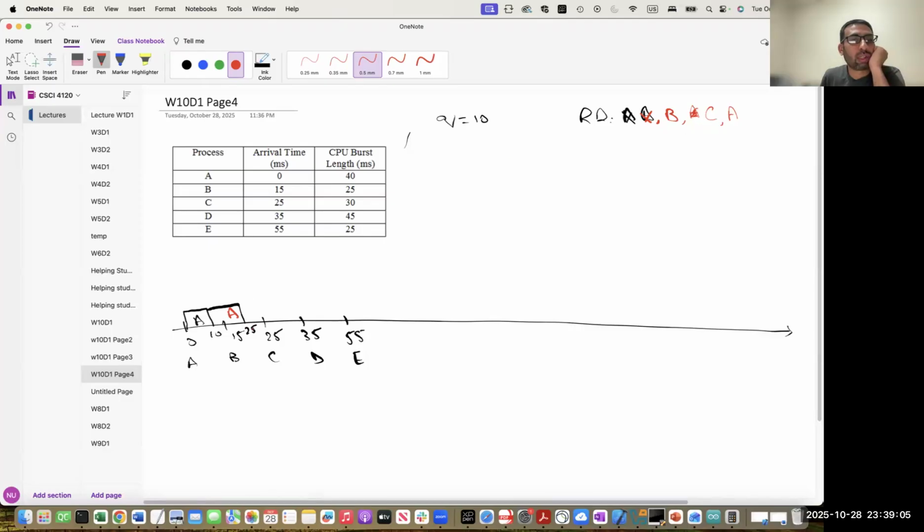Oh, okay, thank you. Yeah, 20. And so the remaining time of A is 20, right? Now at 20, C has not yet arrived, so we have only B and A. We pick the one at the head of the queue, B, and allow it to run for 10 time units.